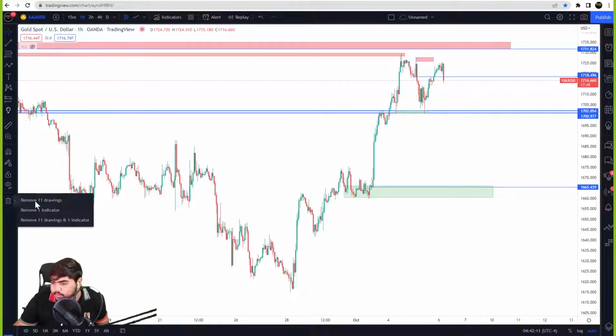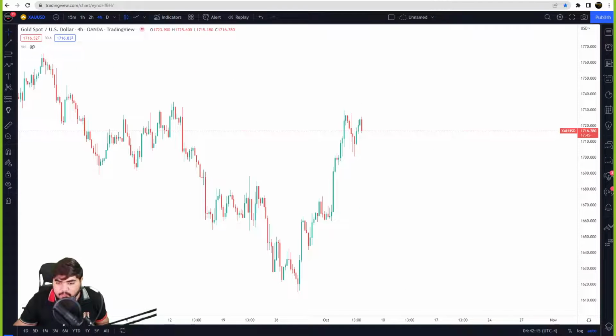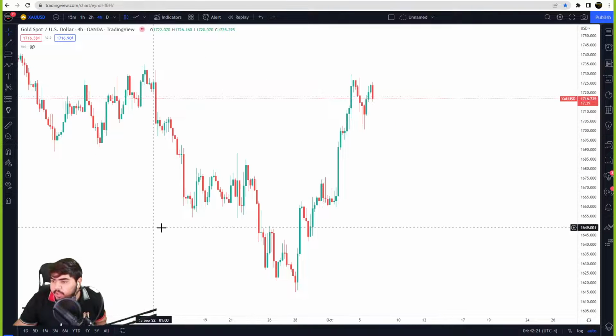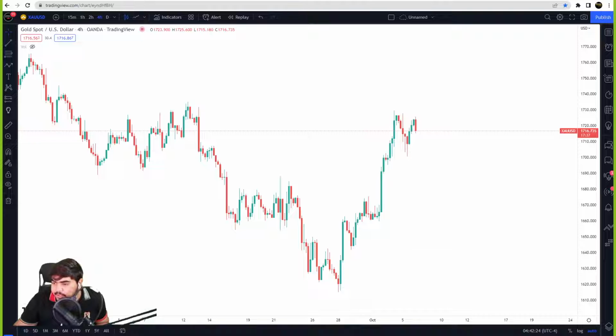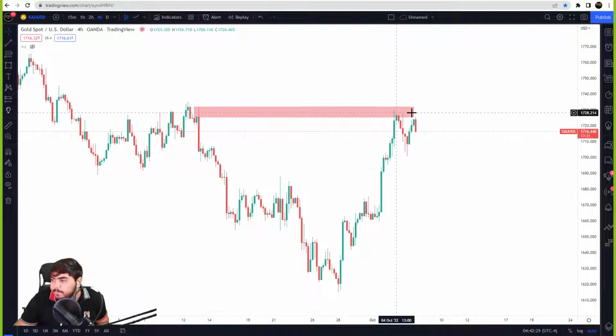On the 4 hour time frame, let's quickly have a look at what is going on in the bigger picture. Gold has reacted to this area of supply right here, and it's been pushing lower since then.